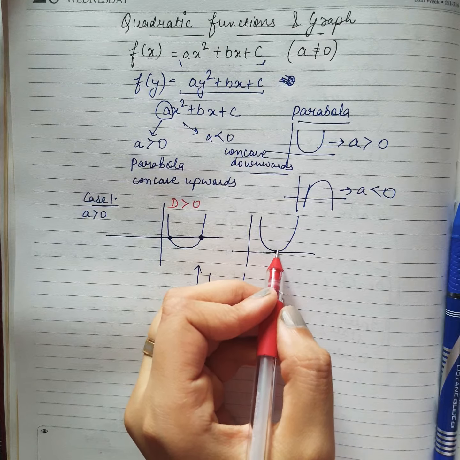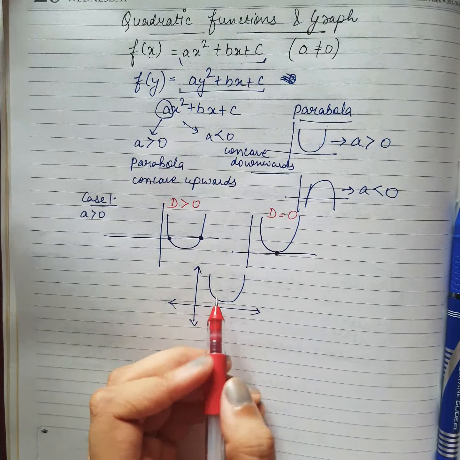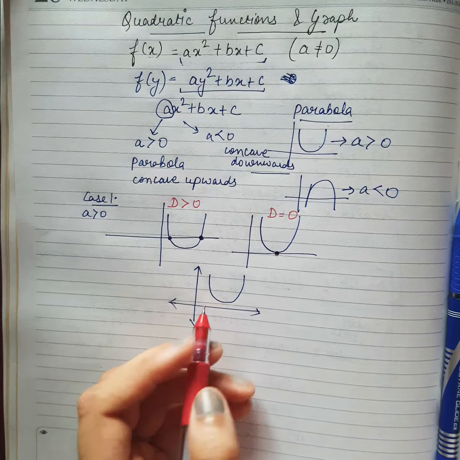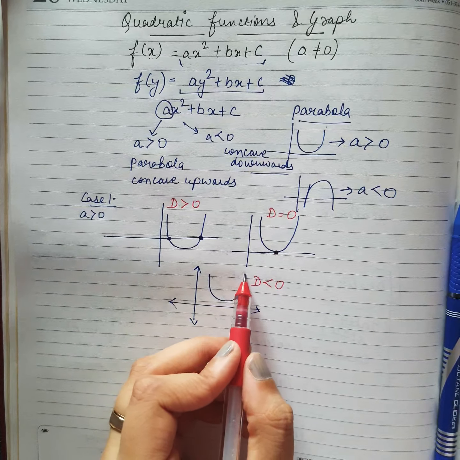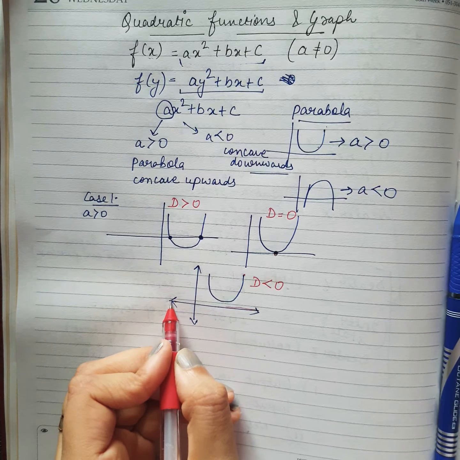When real and equal roots, that means discriminant is 0 in this case, and whenever there is no value from the real line, in this case discriminant will be less than 0. Imaginary roots are there. That is why it is not touching the real axis.